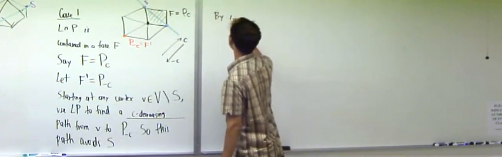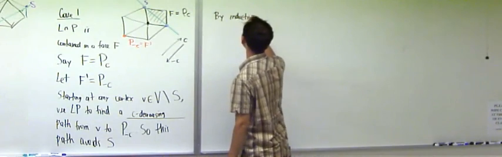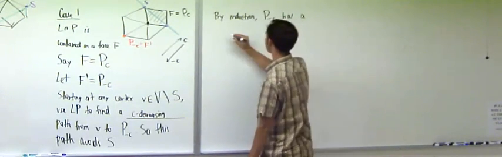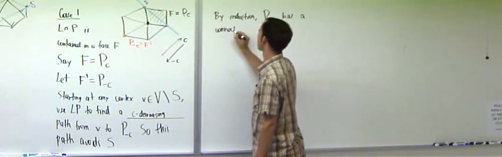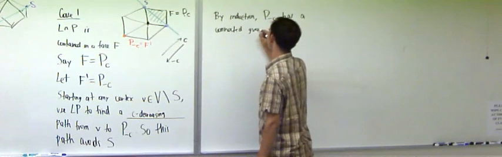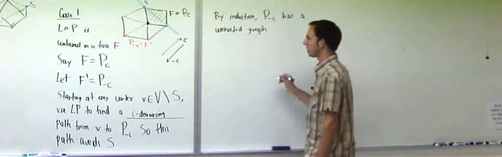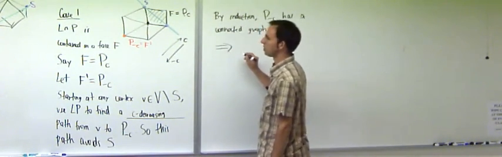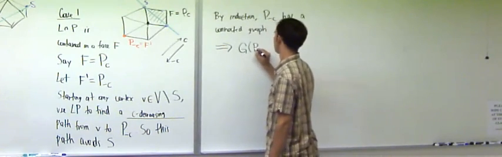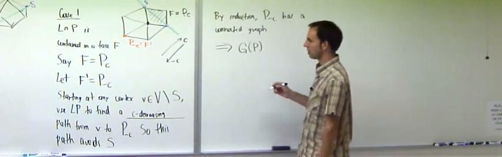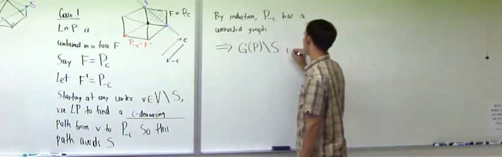So by induction, piece of minus C has a connected graph. And therefore, when I take my graph of the polytope and I delete S, this is still connected.